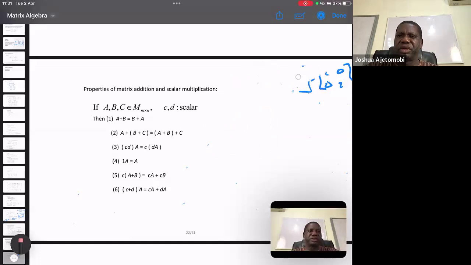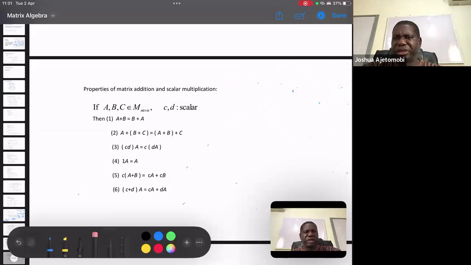And let's look at another rule guiding multiplication.